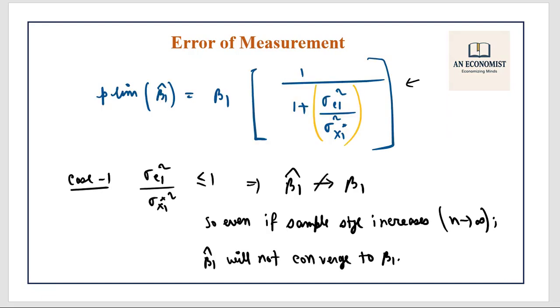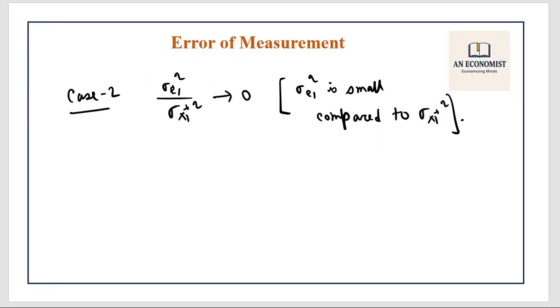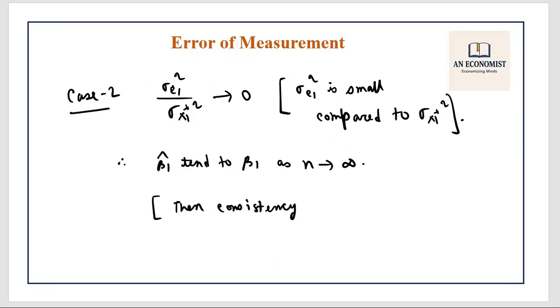In that case, if you see from this expression, if this tends towards 0, then this probability limit will tend towards beta 1. Then we will say beta 1 cap tends to beta 1 as n tends to infinity, then consistency holds, because the probability limit of beta 1 cap goes towards beta 1. Right?